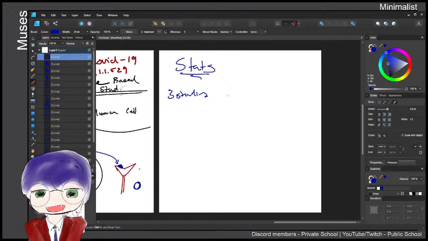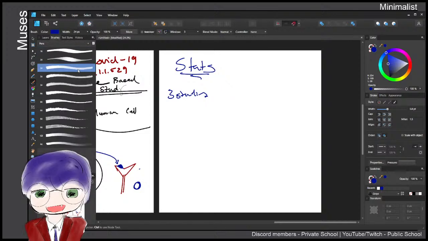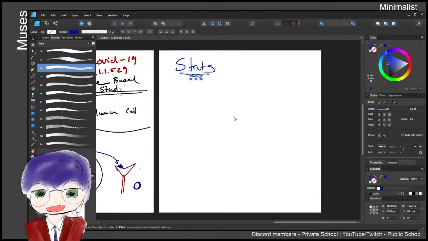Why is there stabilization on this? It didn't used to do this. That's why I chose Affinity Designer. Maybe I should just type it. Ugh, okay. So we'll type it. That's fine.